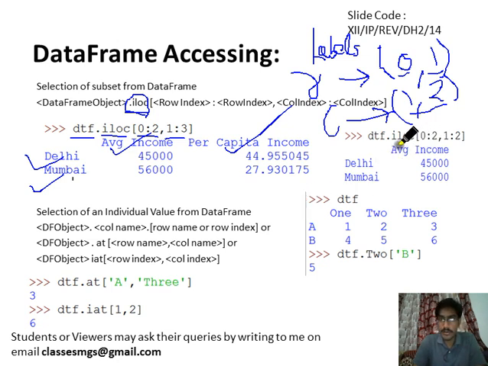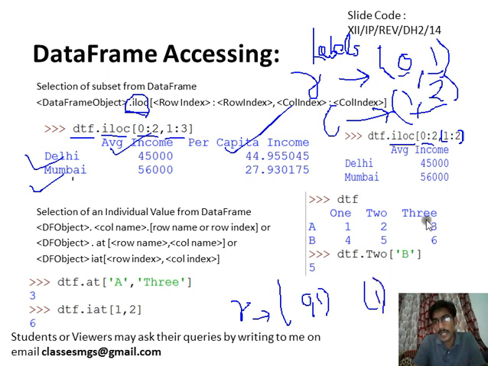Now if you want to try another example, what will be the output of this? 0:2, which rows will be selected? Rows 0 and 1 will be selected, and what columns? 1:2 means only 1 will be selected, because 2 is the ending position and it selects up to n minus 1, so only 1 column will be selected.